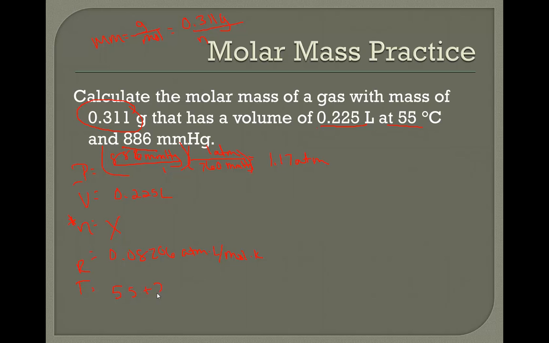So let's go ahead and plug our numbers in. 1.17 atm times 0.225 liters is equal to, our question is n, times 0.08206, and our temperature is 328.